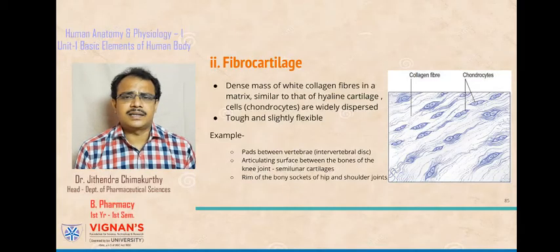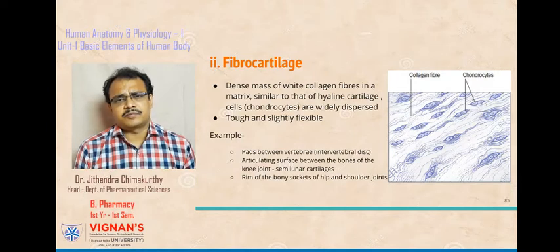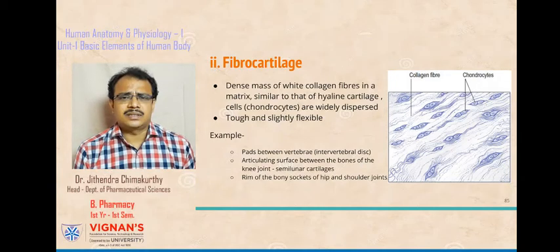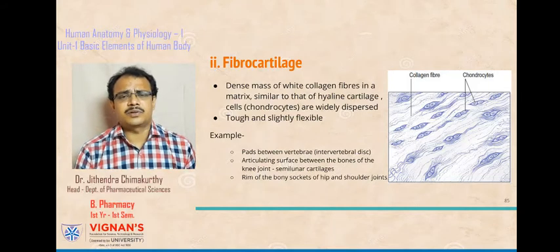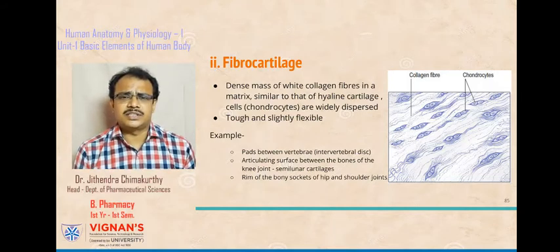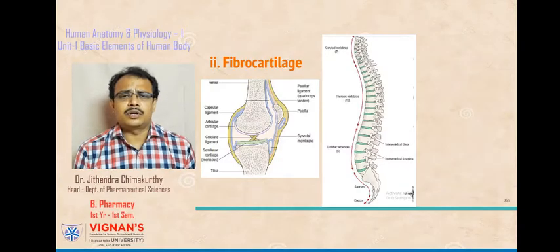The other type of cartilage is fibrocartilage. Fibrocartilage is denser and slightly flexible with more collagen fibers and the cells are widely distributed, unlike the hyaline cartilage where the cells are grouped and appear as nests. This fibrocartilage is found in various regions, such as forming pads between the bodies of vertebrae, where they are called intervertebral discs.